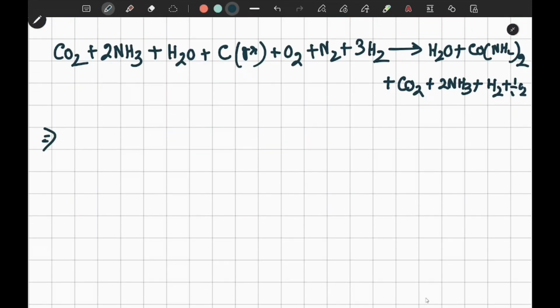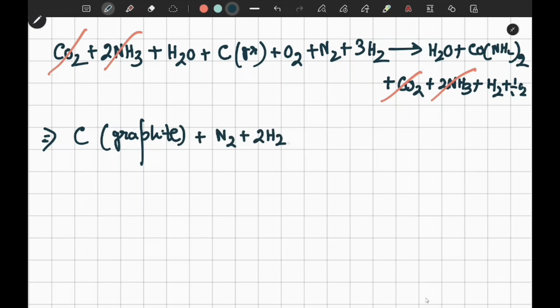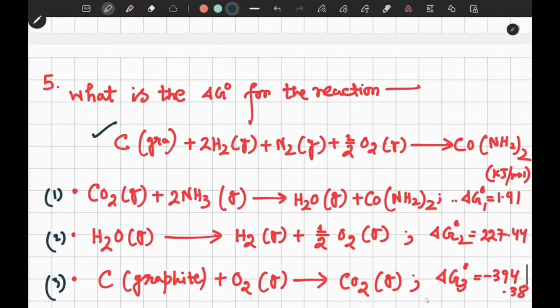So now CO2 will not be here, and ammonia will go away. It will be equal to C graphite plus N2 plus 2H2. H2O will not be there, and O2. And we need this also.